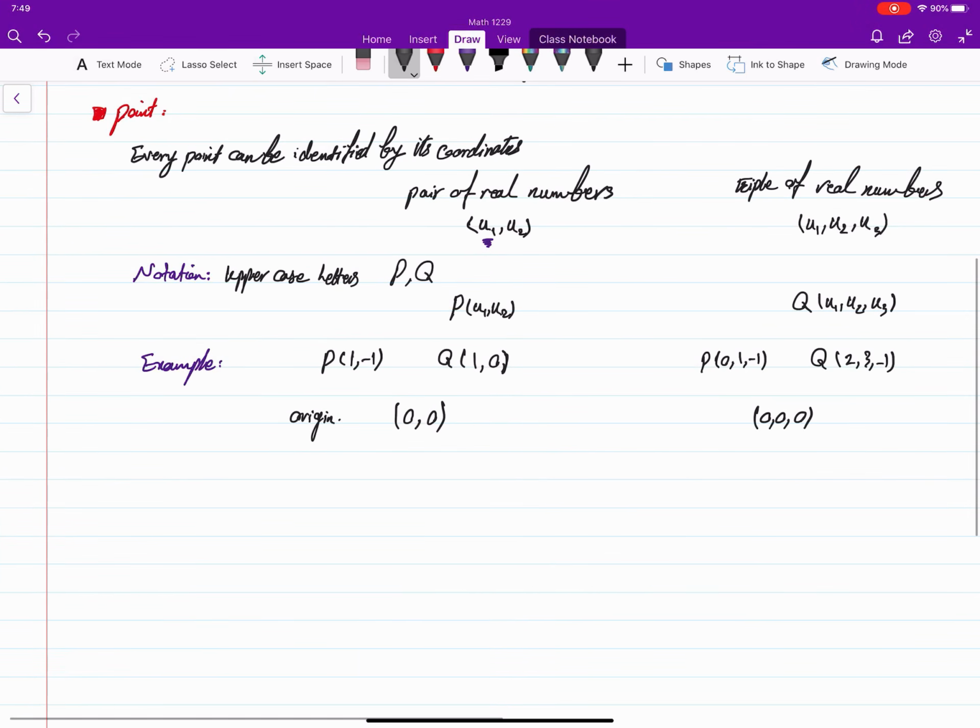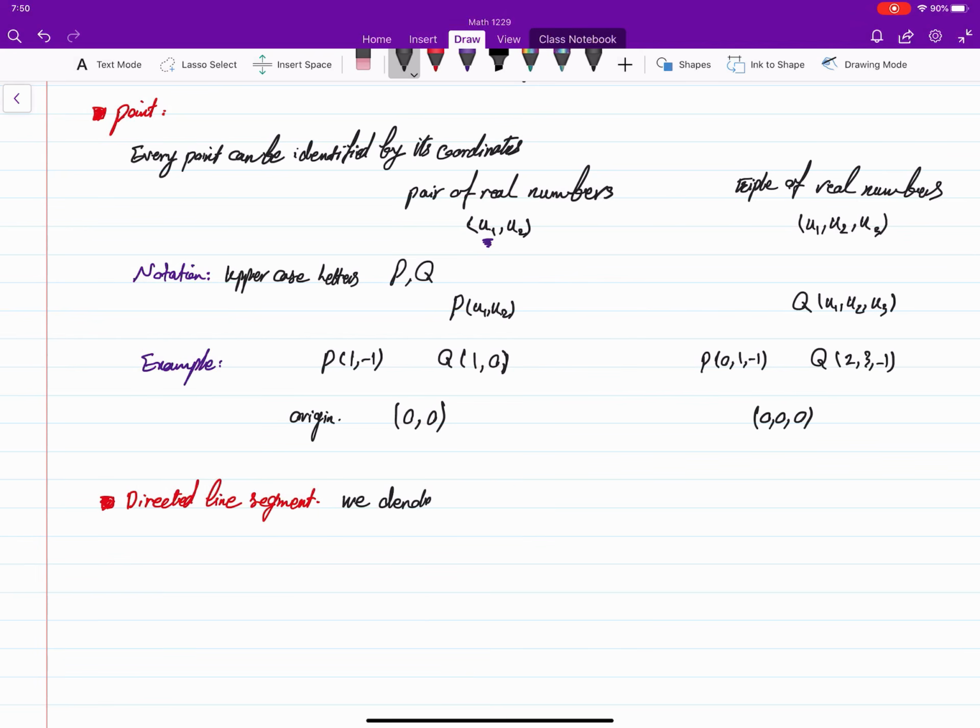Okay, so if that's done, then the next thing is the directed line segment. Every directed line segment is fixed by the starting point and end point.